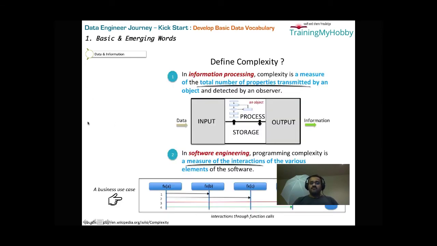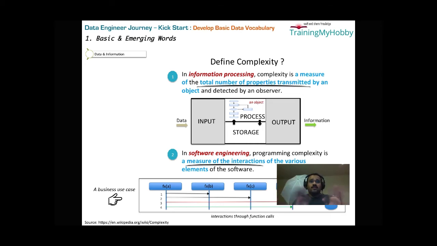Yes. The word complexity, for a software engineer, is a measure of the interactions of various elements. As a software engineer or software developer, you build independent modules or independent components, and then you interact these components or modules. Now, if you are interacting more modules or more components, then in the context of the problem you are solving, that interaction might be complex, which is acceptable or not acceptable.